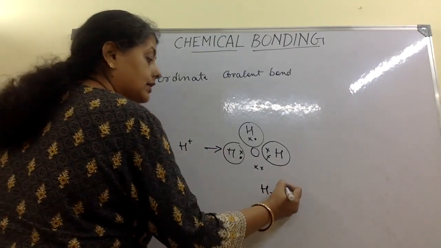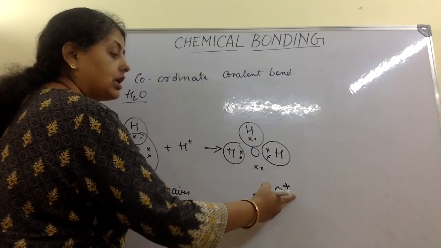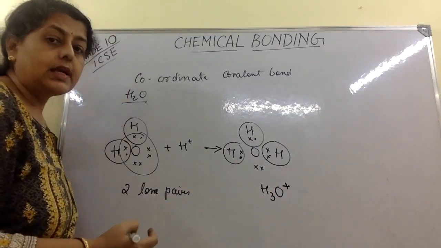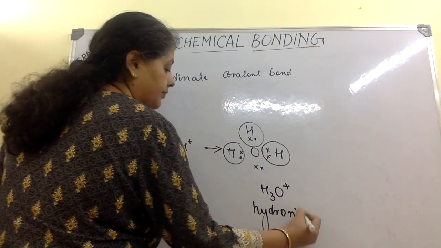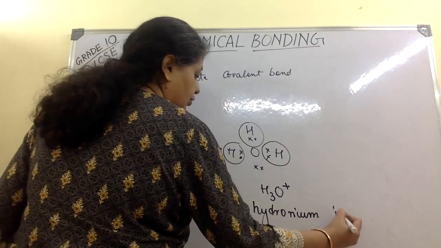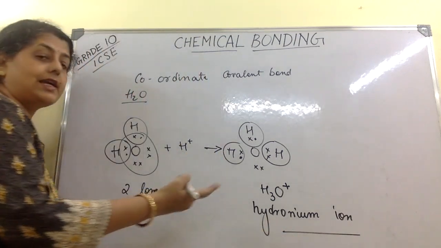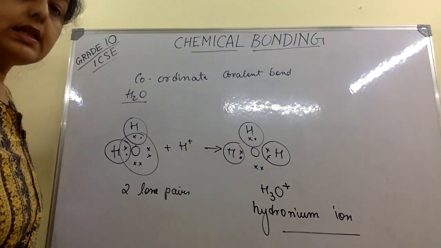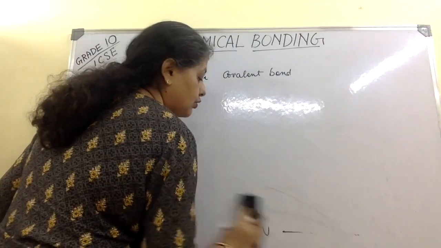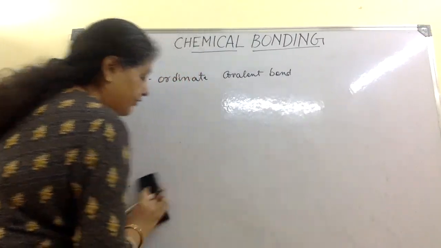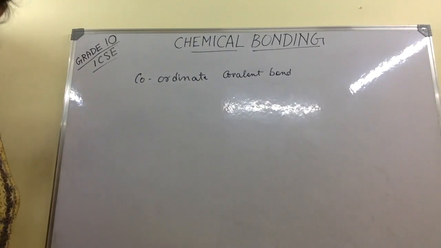So that shows here as H3O plus, and this is our hydronium ion. So that is how you will remember why we get O plus. Let's talk about the next one in coordinate covalent bond, and very often they ask you to draw these.